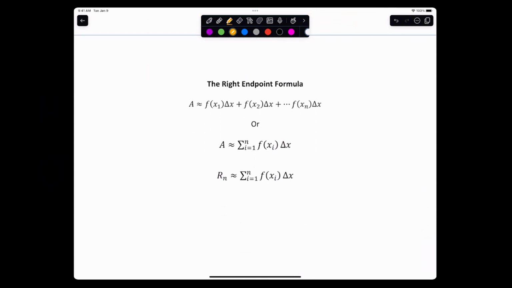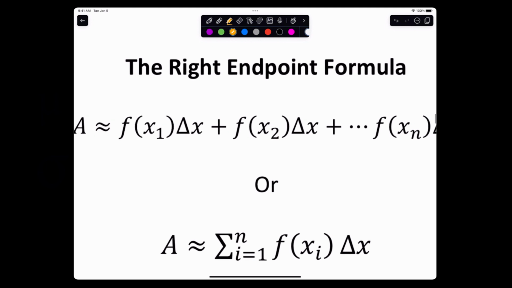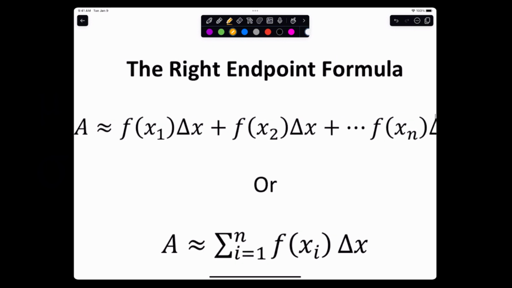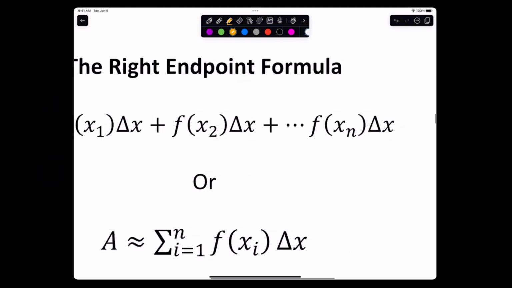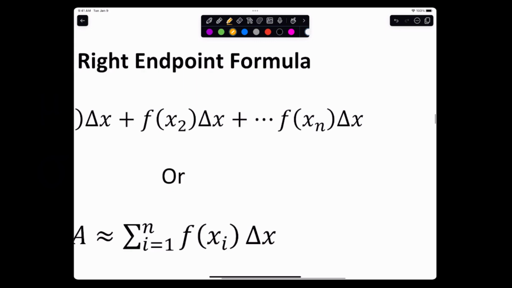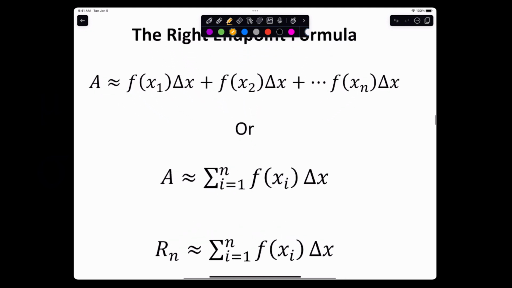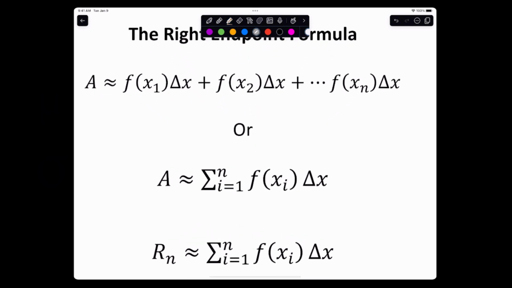Your first subinterval is f of x1 delta x. The second rectangle, f of x2 delta x, all the way up to the nth rectangle, f of xn delta x. Or we get to use the summation notation, where this is all the areas.